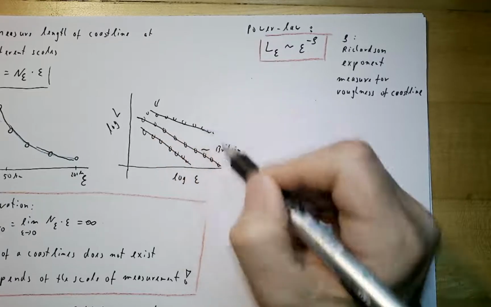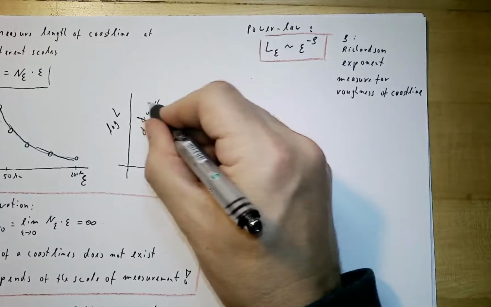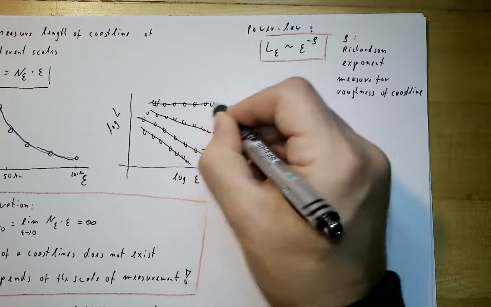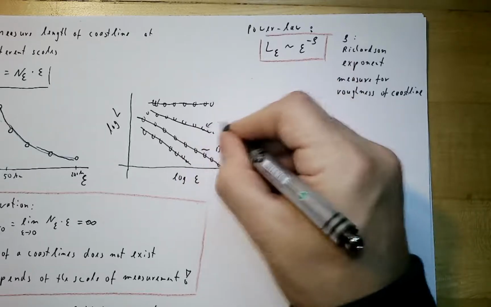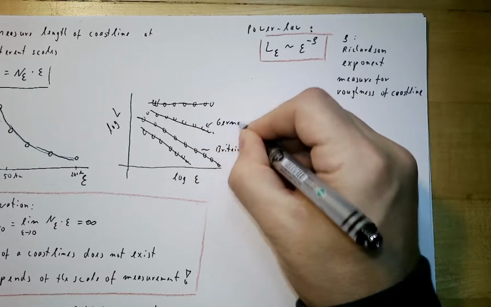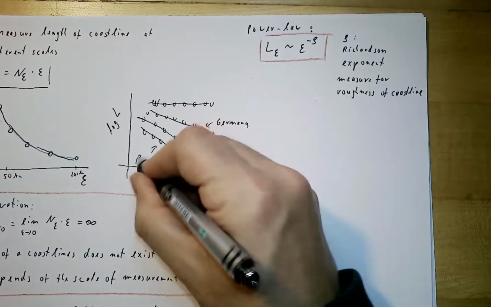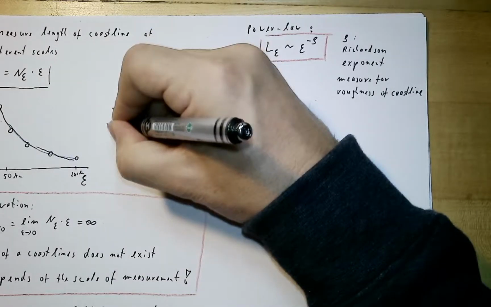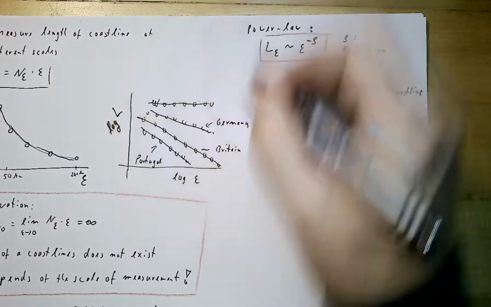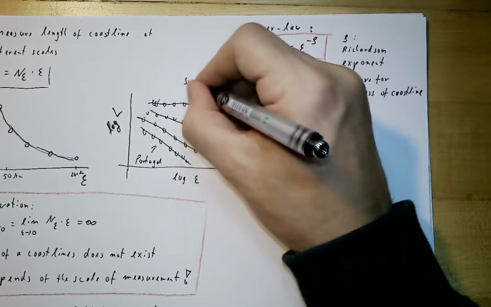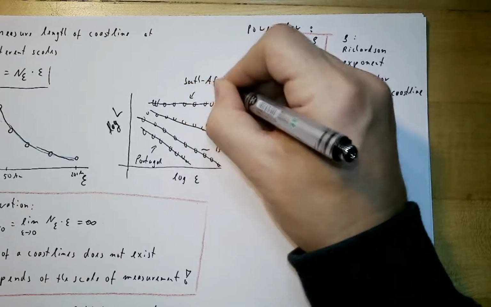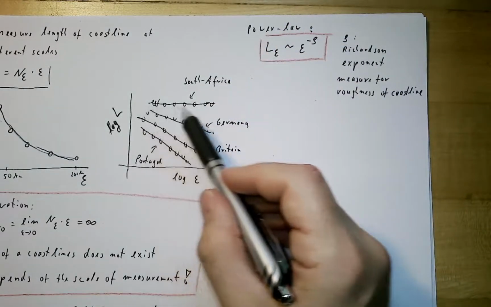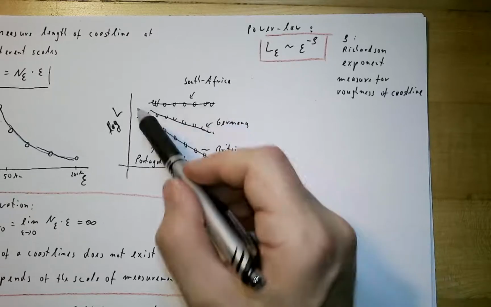And then you have some coastlines which actually behave like normal geometric objects. For example, that's Germany, Portugal, and this here is South Africa. And coastlines which have here such a roughness of 0.